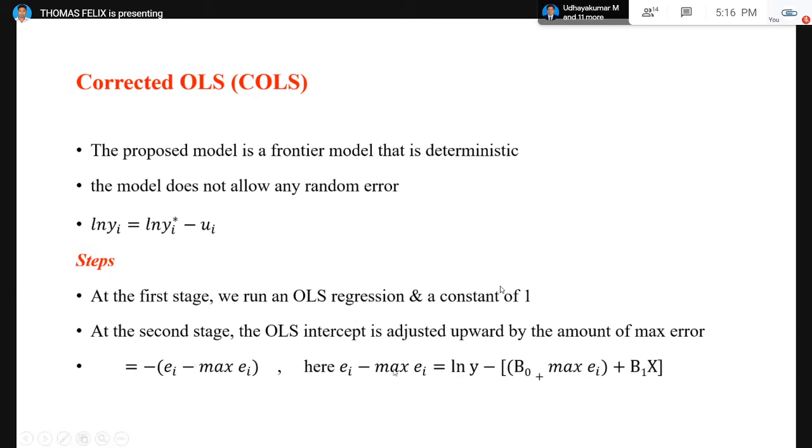Here you can see, once I run the OLS I get the maximum error value, which I have mentioned as maximum ea. Maximum ea is the maximum error value from the OLS. Beta naught is the intercept, so I add the intercept to the maximum ea. By that I can derive the technical efficiency.